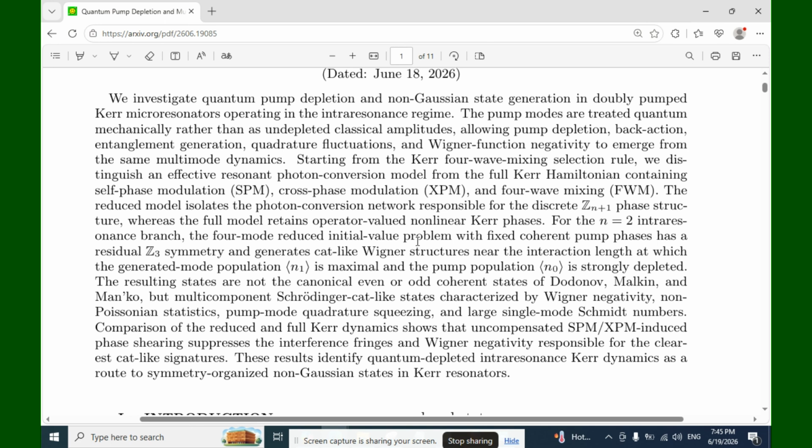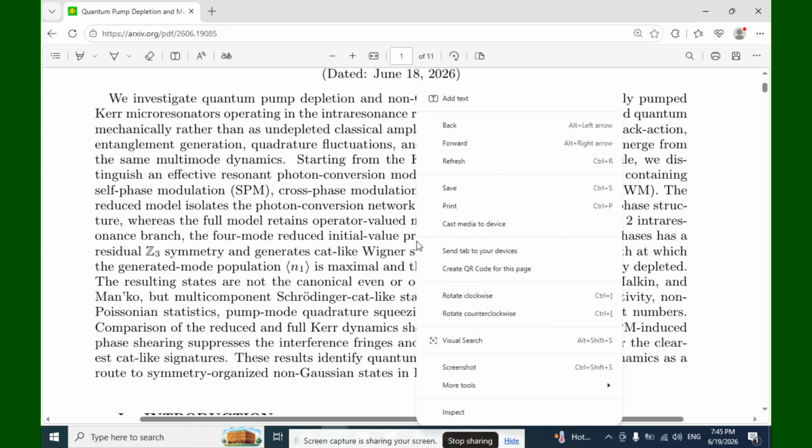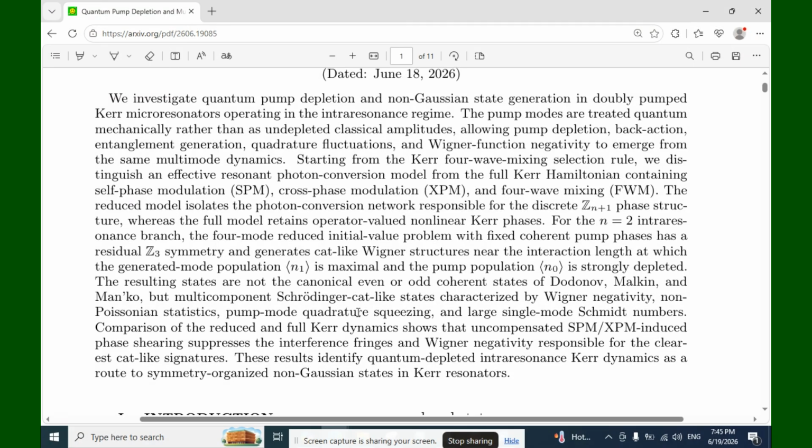The resulting states are not the canonical even or odd coherent states of Dodonov, Malkin, and Man'ko, but multi-component Schrödinger cat-like states characterized by Wigner negativity, non-Gaussian statistics, pump mode quadrature squeezing, and large single-mode Schmidt numbers.